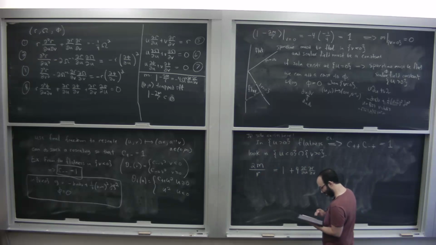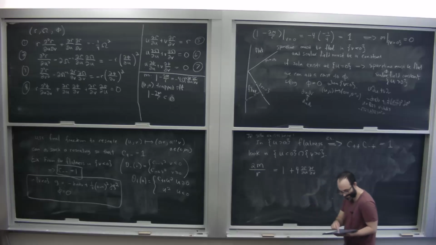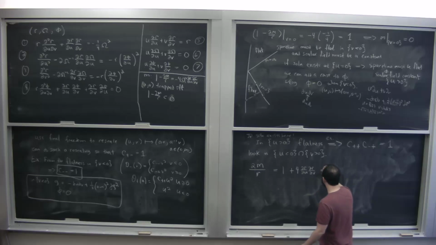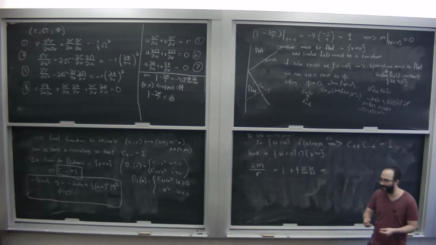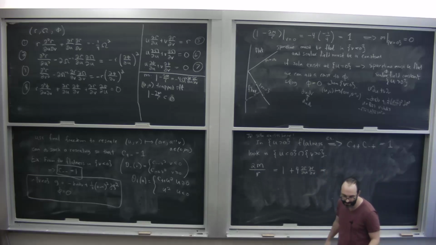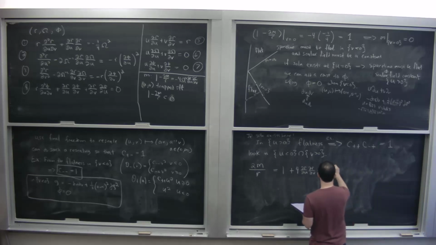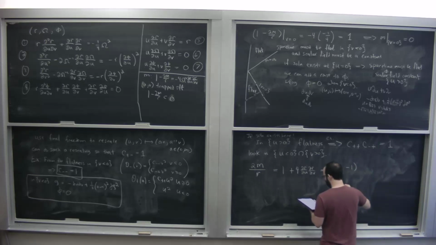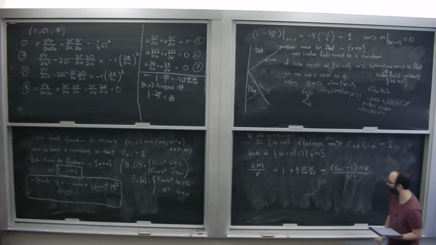I have the algebra worked out, maybe I'll spare you this. It's not that hard, you just plug in. We have this formula for R, we have all these coefficients, and if you work it all out, you get a nice compact formula here. You get that this is equal to C plus minus minus 1 times UV over 4R squared.